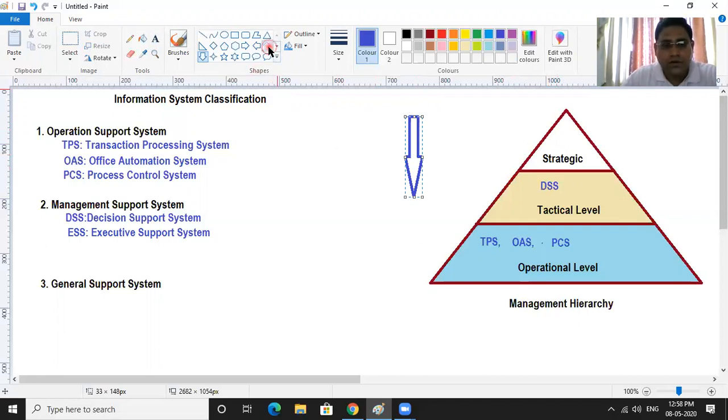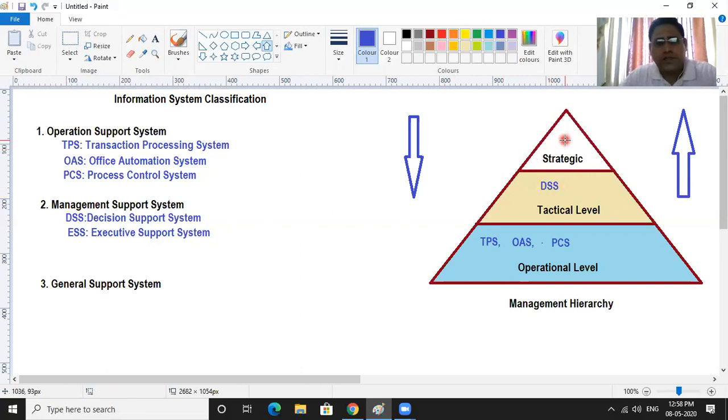And for the flow of information, when the operation level has done something, they transfer that information or data to the decision support level, the tactical level. The tactical level reports through PPTs and so on to the strategic level. So the flow of information is upwards in this hierarchy.